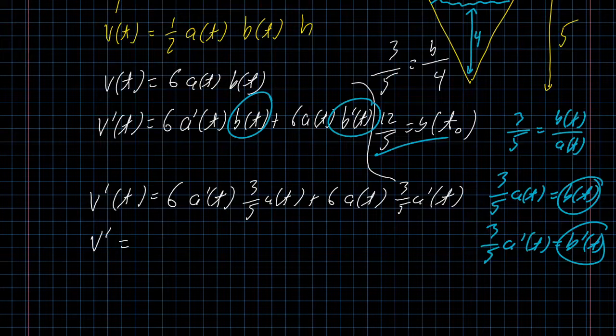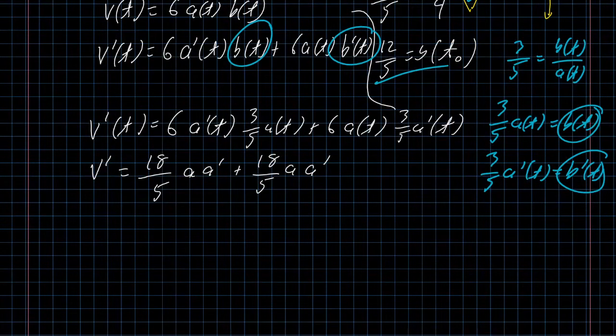All right, so 6 times 3 is 18. Notice we have a times a prime, 18/5, both times. 18 plus 18 is 36. And with that, we have what we need.